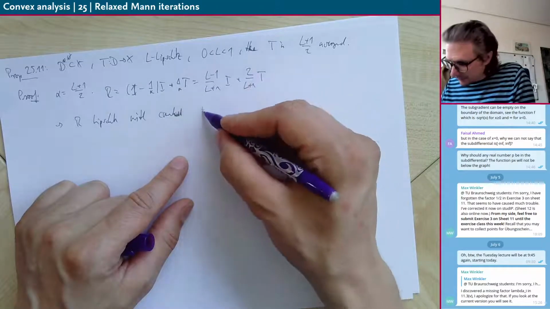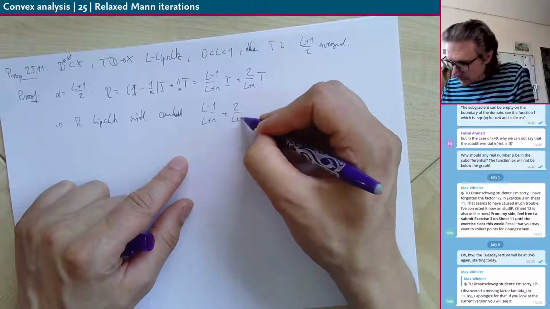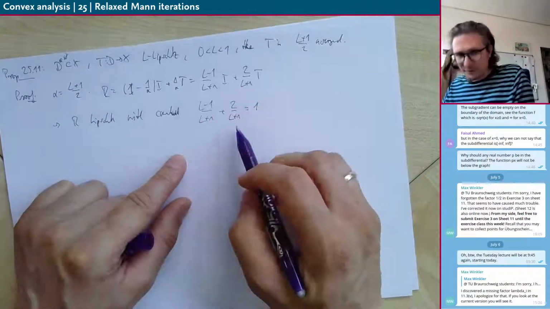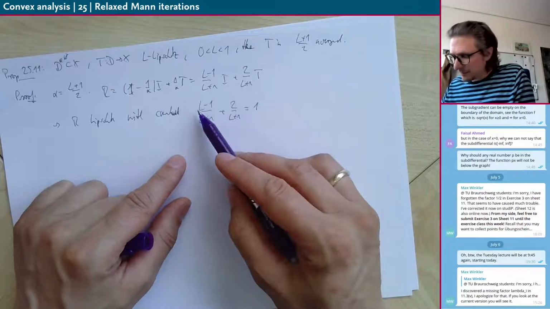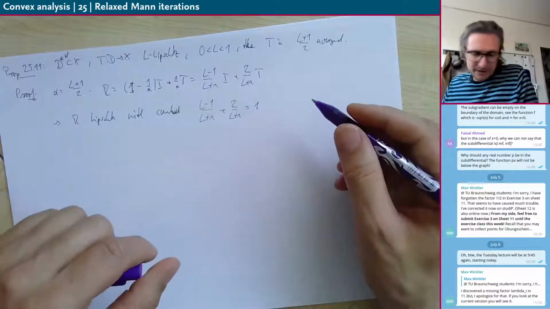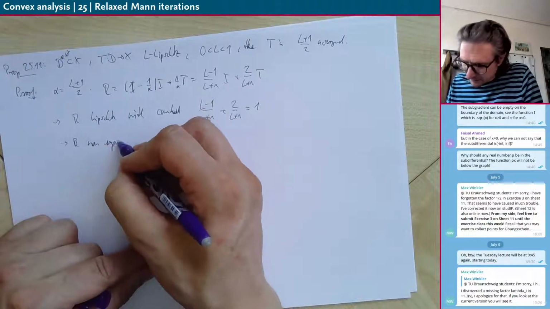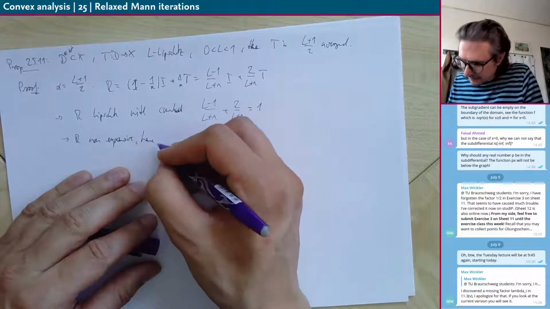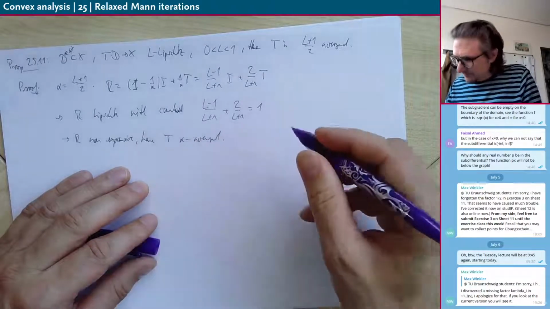You get that the Lipschitz constant is at most, which then gives you, this is 1 actually, right? If you bring it on the common denominator, it's L minus 1 plus 1 on top, and this is L plus 1, and it cancels out. So this shows R is non-expansive, and hence T is alpha averaged, and that's it.